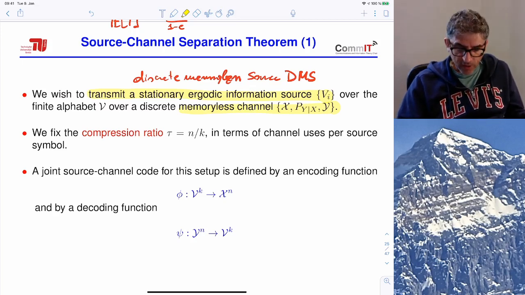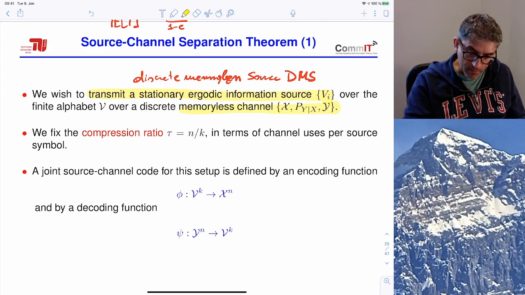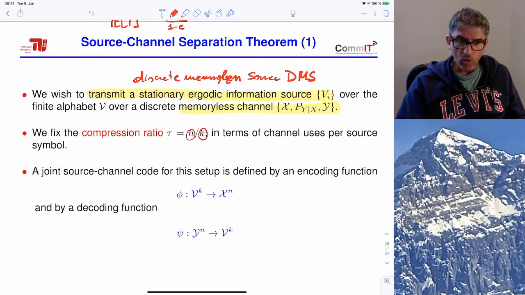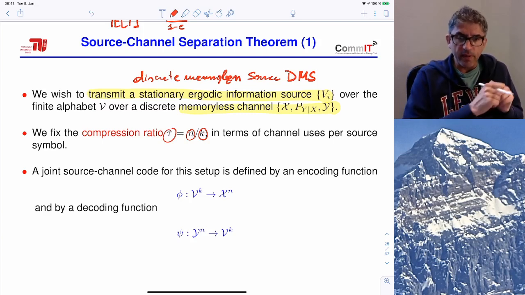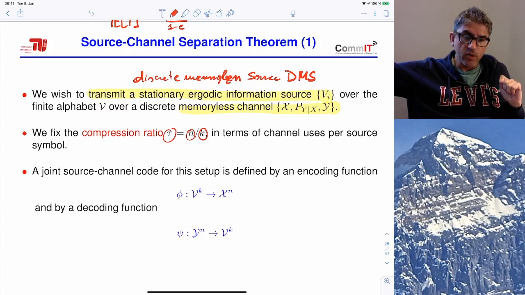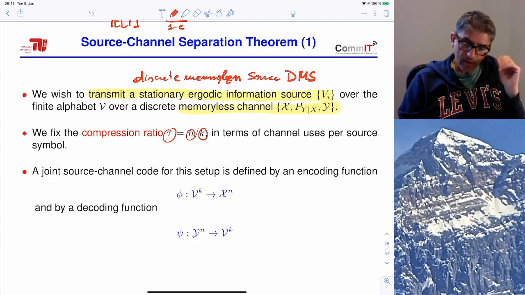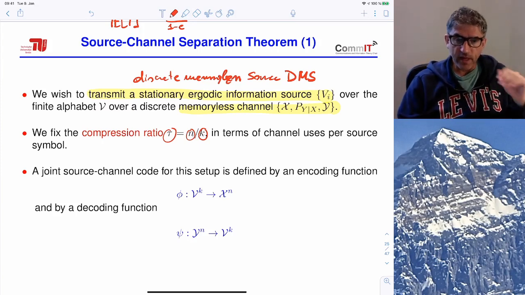And we define something called the compression ratio of the transmission, tau, which is how many channel symbols n per source symbols k we want to use. So when this tau is very large, it means that every source symbol will be transmitted over many channel symbols. When it's small, we can squeeze more source symbols into the same channel symbol.